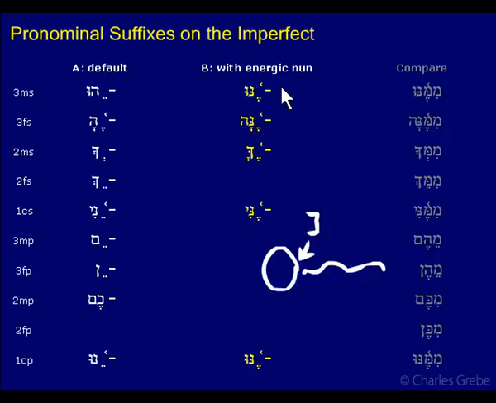Now, this form here, this pattern, ends up being almost identical to what we saw already with mimmenu, with min, when you add pronominal suffixes on them. I don't remember what chapter that was, within the last few chapters anyway. Here in the dark letters here, I have mimmenu. Let's compare them. Mimmenu, enu. Same ending, right?